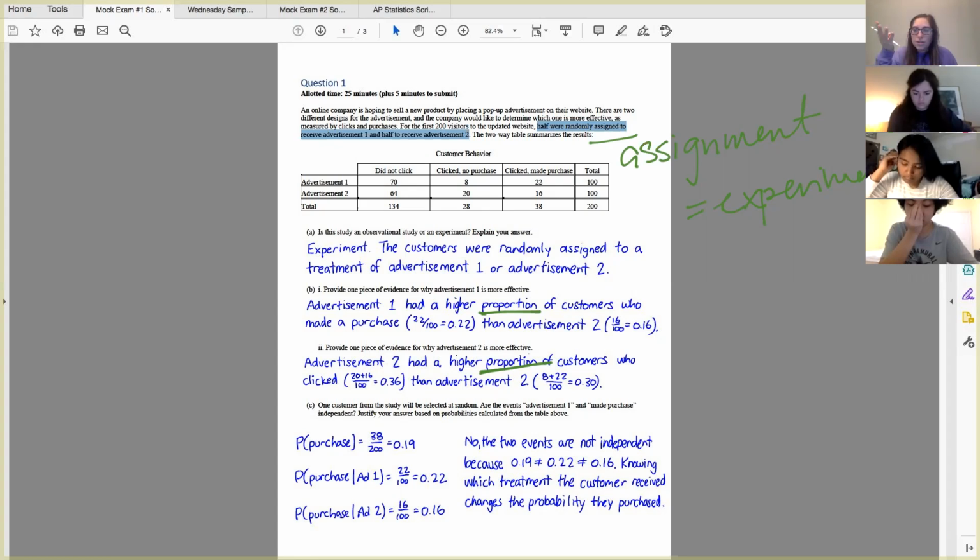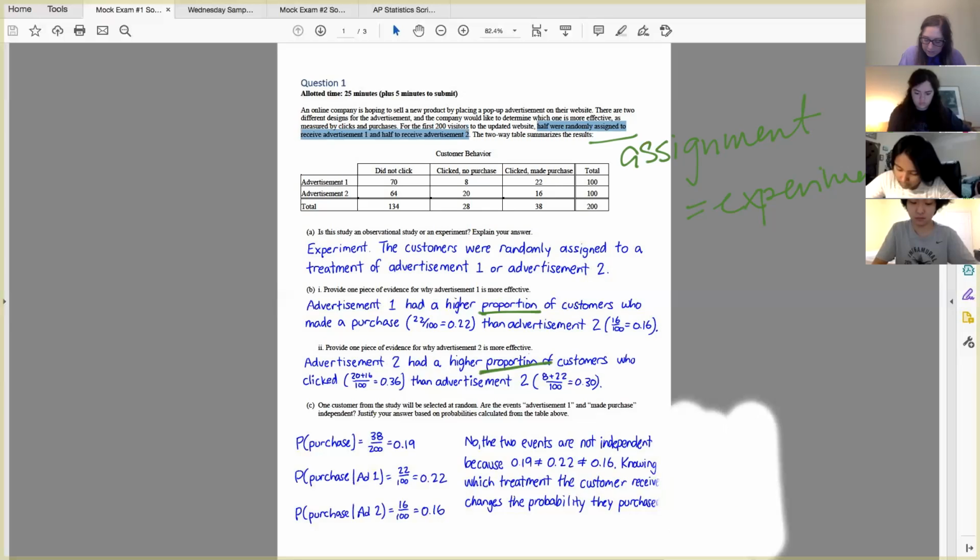But in this one, the multiplication rule would have been acceptable. The multiplication rule states that the two events are independent if their intersections equal each other.